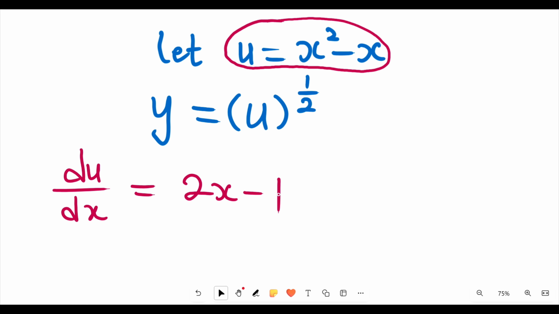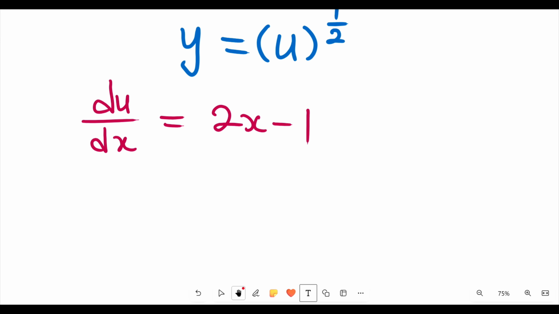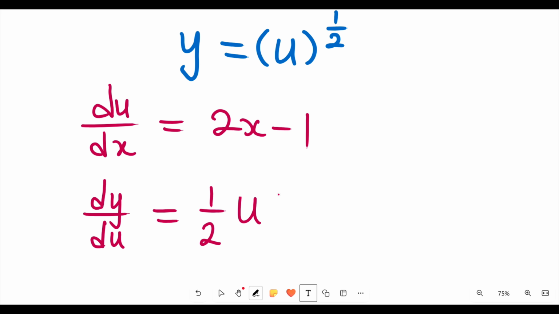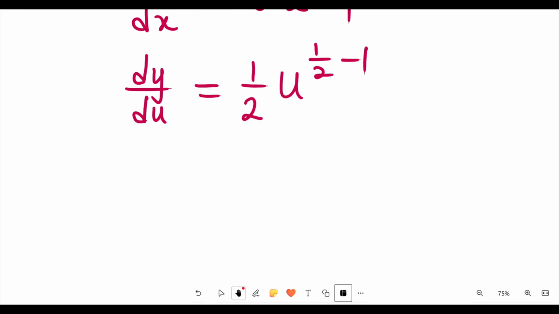All right. So let us now differentiate our function y in terms of u. So our dy du will be equal to, bring the power down using the power rule. The power, which is 1/2, will multiply the given expression. Then the power here will be reduced by 1.